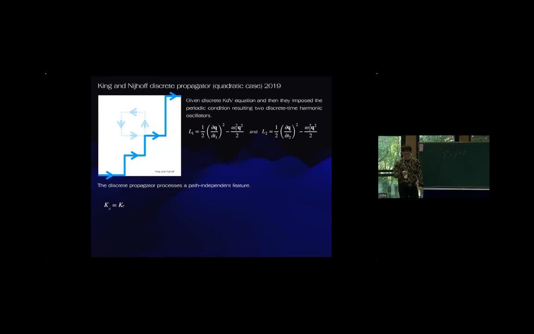continuous case. Okay, so first I give you a definition of the multi-time propagator for the continuous case here. So here is the Lagrangian one-form, and we have also introduced the S, which is a time parameterized variable, right? And then we can find out that for this, the multi-time propagator can be written in this way.